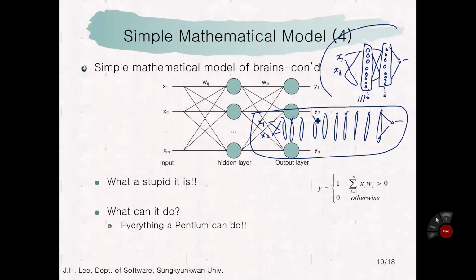Deep and shallow, they are equivalent, and they perform the same things. If you can put down a lot of nodes here, then a shallow network can do everything that a deep neural network can do. Then why do we need deep neural networks?